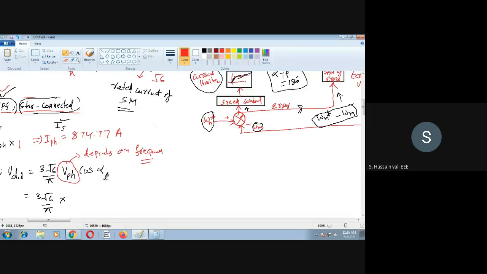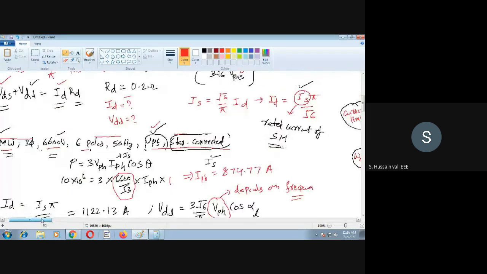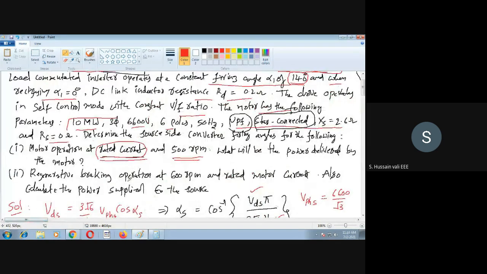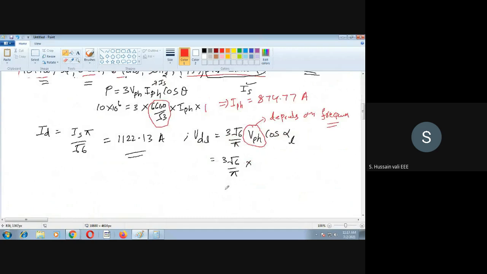Then you need some more data. See what he said: the speed is 500 rpm. It's very important now. If you have the speed as 500 rpm, then what should be the frequency? Because frequency and speed are related here. This you know very well. So we will use this one, n is equal to 120 f by p. So 500 is equal to 120 into f by p.